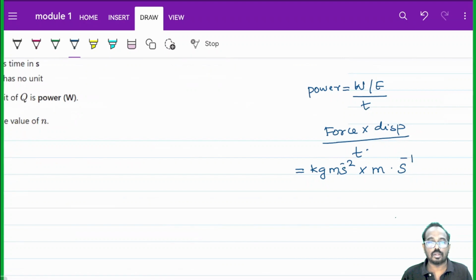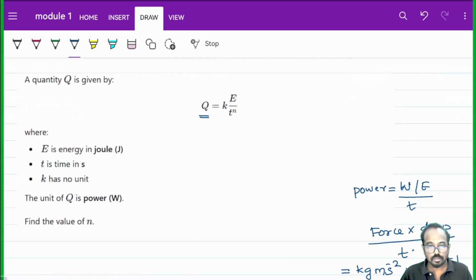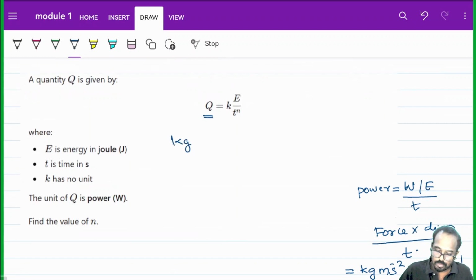So you got the unit of power, which is kilogram meter square second to the power minus 3. First you will find out the unit of this left hand side. Write it here. kg meter square second to the power minus 3, which should be equal to energy.